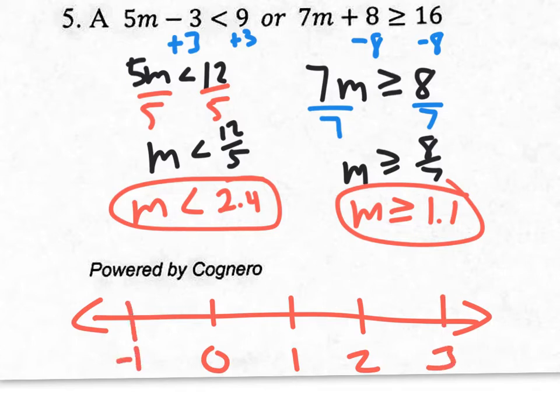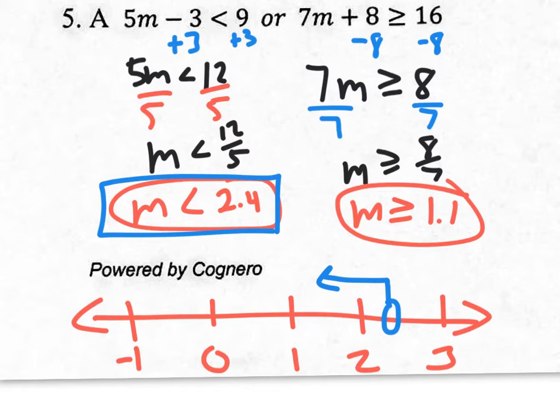So let's go to this first one right here. Let's do it in blue. m is less than 2.4. So 2.4 is going to be an open circle. And less than is to the left or to the right? To the left. So you're going to be going this way, right?